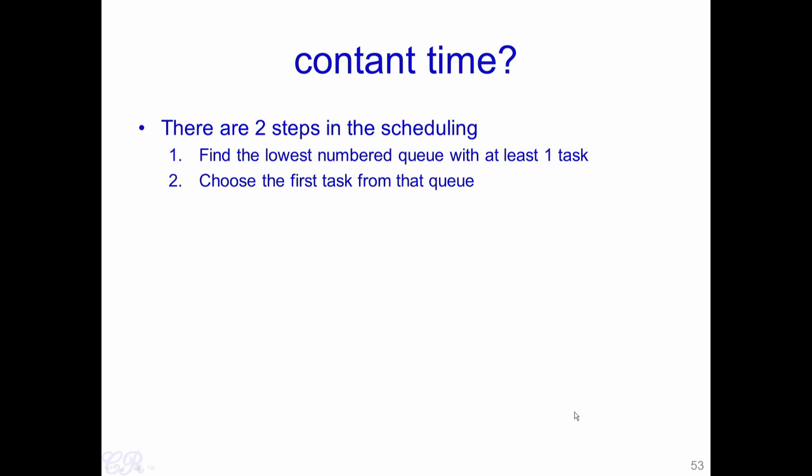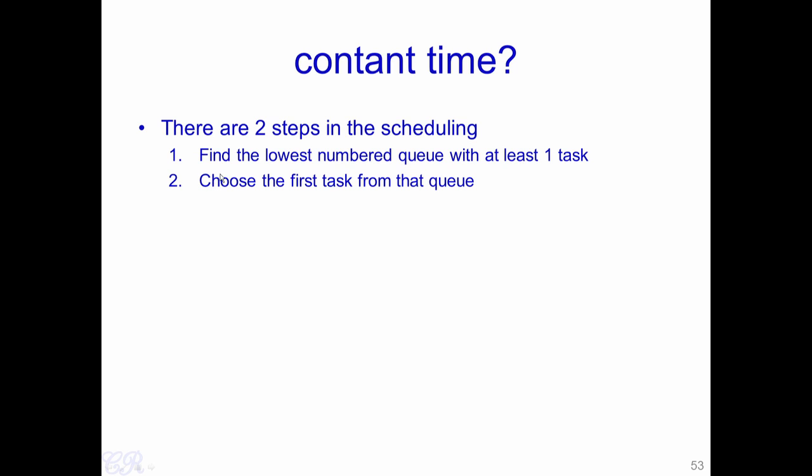Recall that we call this particular scheduler an O(1) scheduler. Essentially, this means it is a constant time scheduler irrespective of the number of processes present in the ready queues. Now, let us analyze how this particular thing is constant time. If we recall, there are two steps involved in scheduling a process.